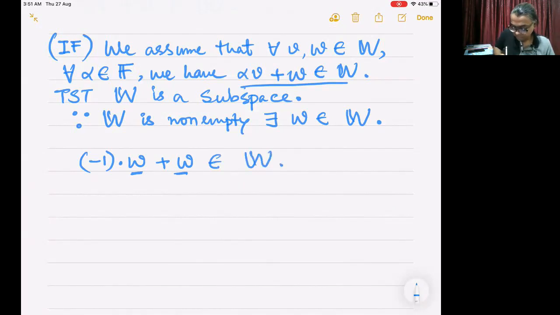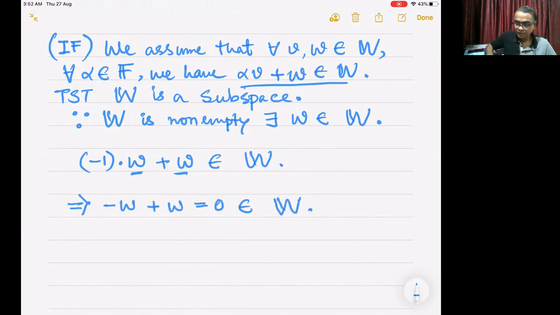But what you are supposed to check from module 2 is the immediate attention problem. -1 times W is nothing but the additive inverse of W. So this is minus W plus W, which is 0. And that means 0 is there in W, right?